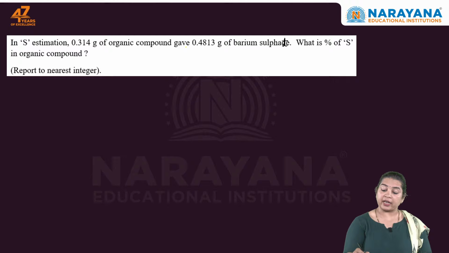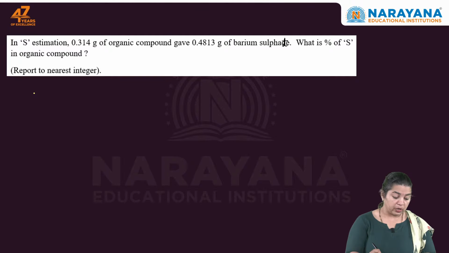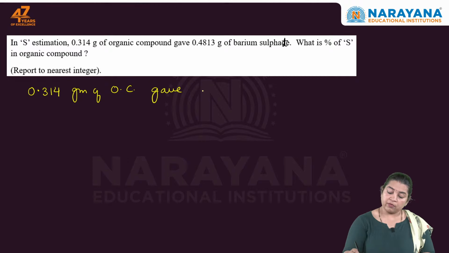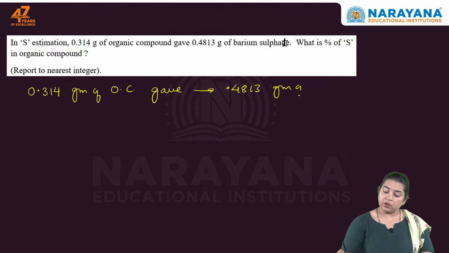0.314 gram of organic compound gave 0.4813 gram of barium sulfate. What is the percentage of sulfur in this organic compound? So, we have to calculate the percentage of sulfur. 0.314 gram of organic compound gave 0.4813 gram of BaSO4.